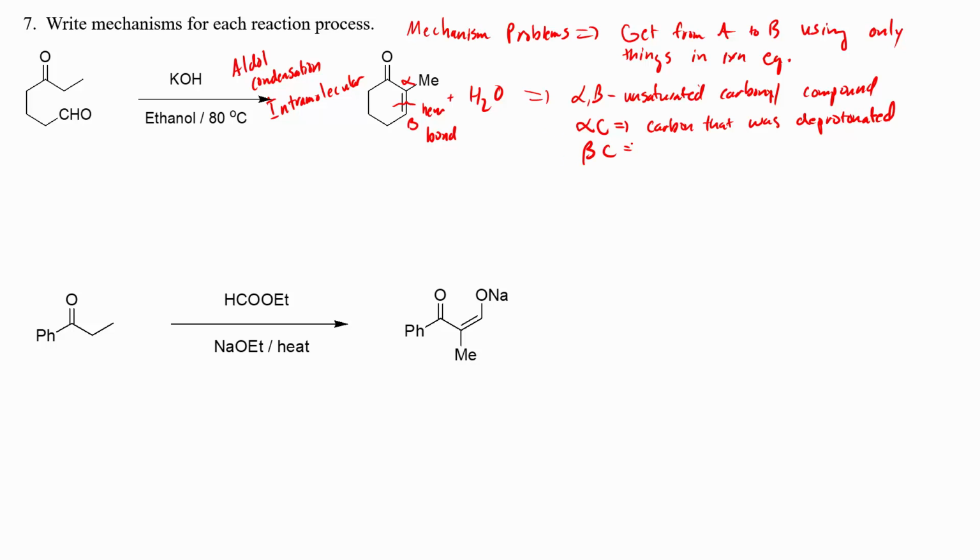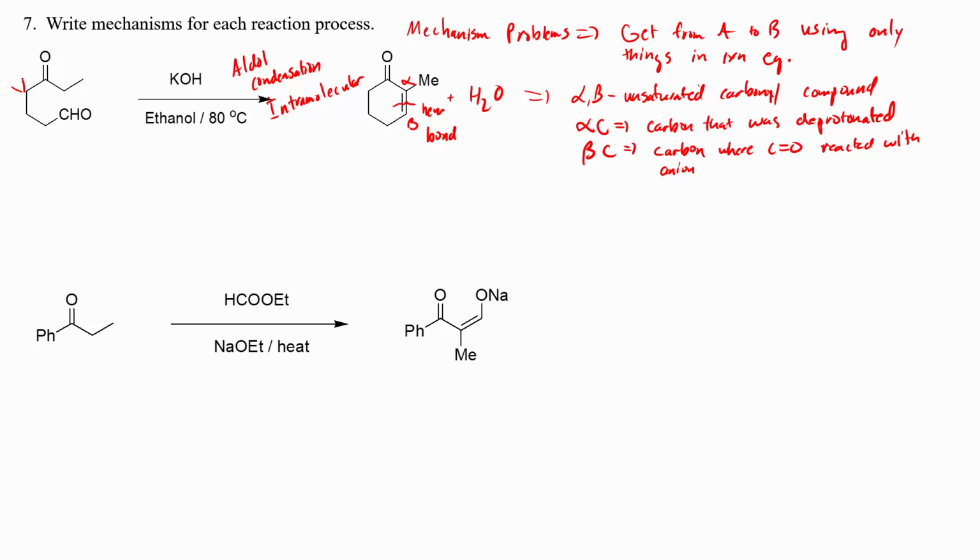The beta carbon is the carbon that provides the carbonyl group that reacts with the anion from the alpha carbon. Okay? All right, so let's look at this one.